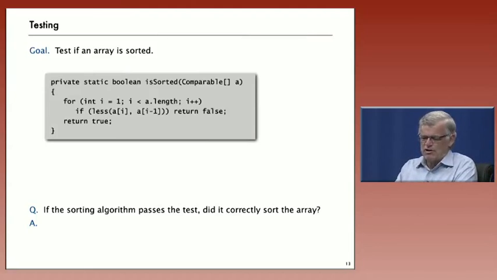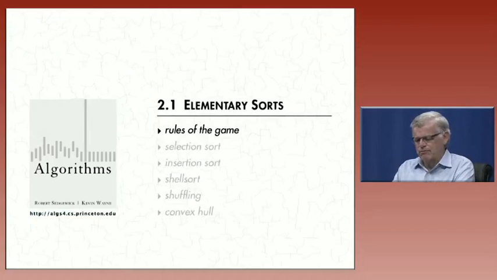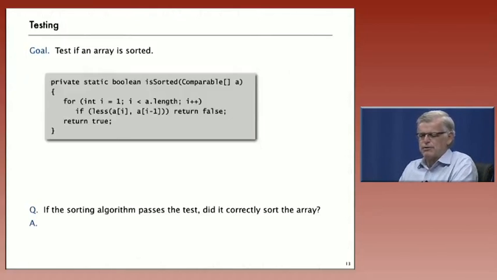Well, the answer to that question is yes, if you used only the less and exchange methods to refer to data. Because then you know, because you used the exchange method, that the data in the array after the sort is the same data as was in the array before the sort.